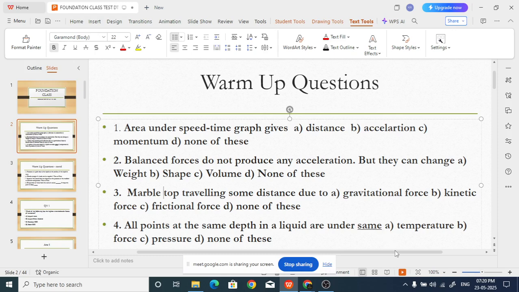All points at the same depth in liquid are under same A, temperature, B, force, C, pressure, D, none of these. So there are 4 questions in slide 1.